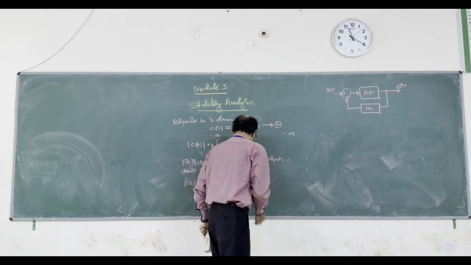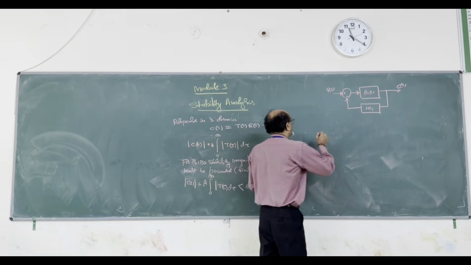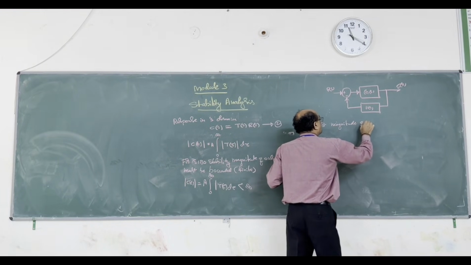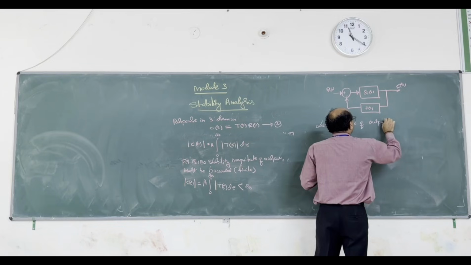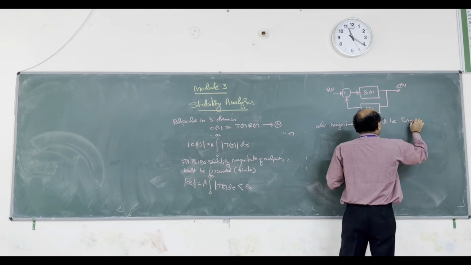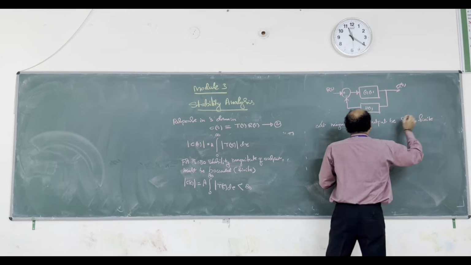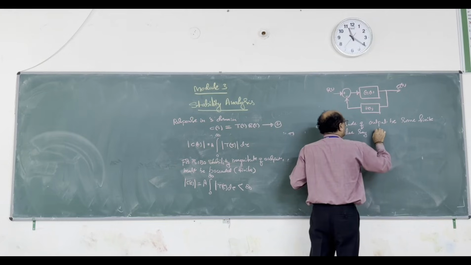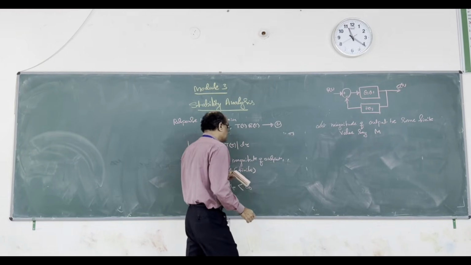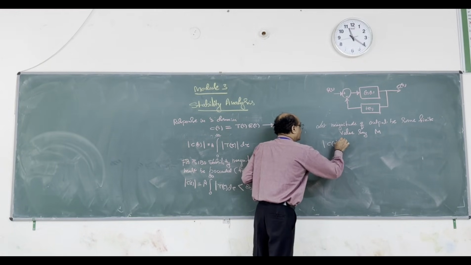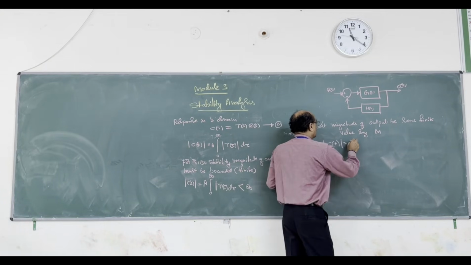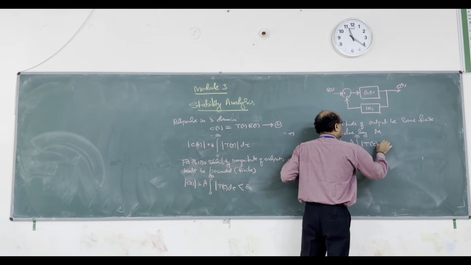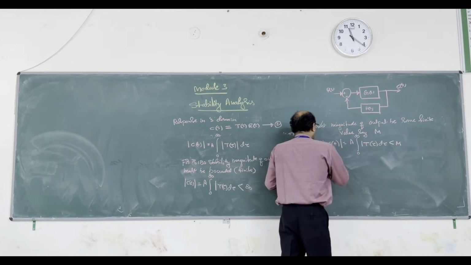Let the magnitude of output be some finite value, say M. Then the magnitude of C of t is less than infinity, so the integral with constant a from 0 to infinity of T of tau, d tau should be less than M.